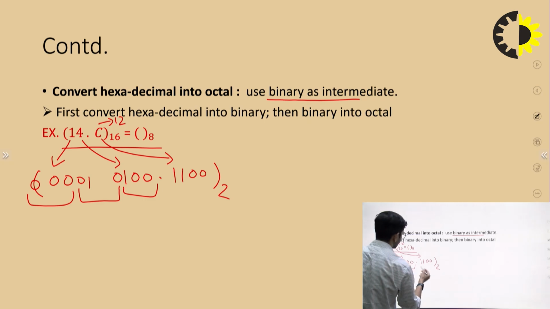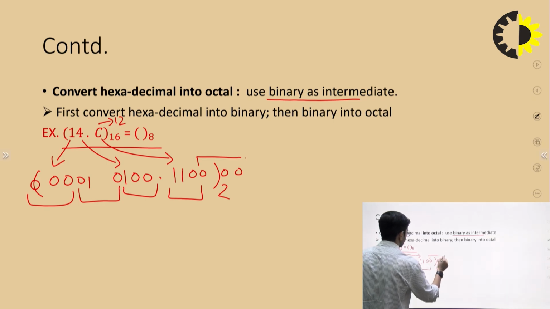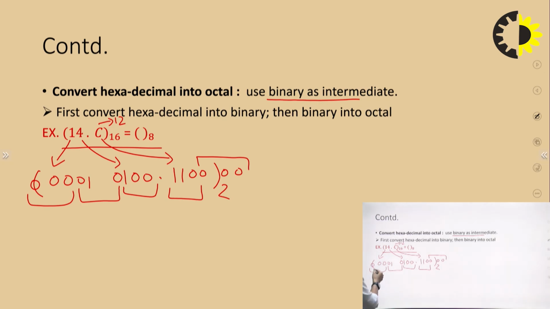Similarly, after the fractional part, we can combine these 3 bits, only 1 0 is left, so we can append 2 zeros here. So the groups of these 3 bits: this is represented by 0, 010 is represented by 2, 100 is represented by 4, and 110 is represented by 6.